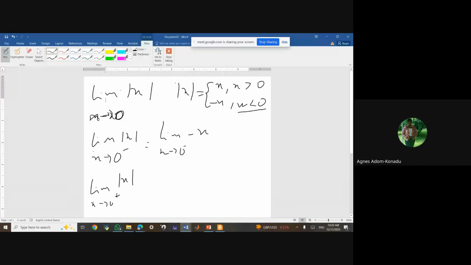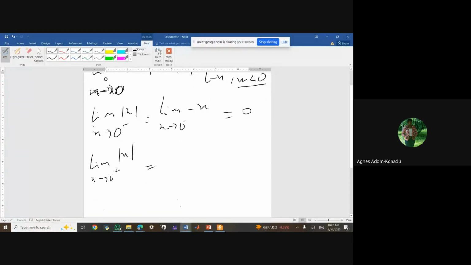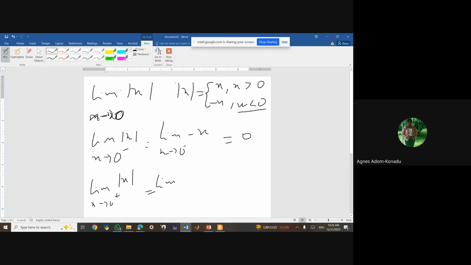When I substitute 0, this will give me 0. And then from the positive side, I want to look at values greater than 0. So this one is the limit as x approaches 0 from the right, and the definition gives me x. When I substitute 0, this one is also giving me 0.